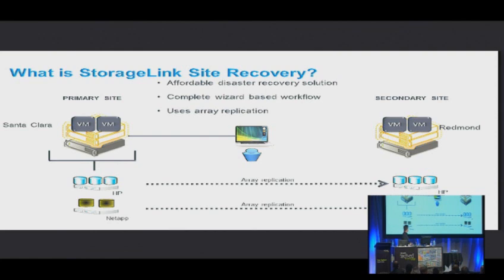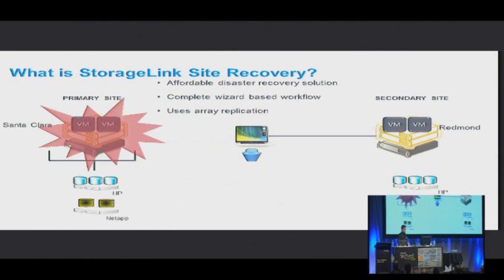And as I mentioned before, it uses array-based replication, so all of the stuff that you've bought and paid for with the SAN vendors, we're just passing through commands and leveraging those storage controllers and all the effort that those vendors have put in to getting things up and running, like high availability and replication between the sites. So what happens in the end is if we have a failure at the primary site, site recovery will automate the failover, and I'll go into that in a little bit more detail.